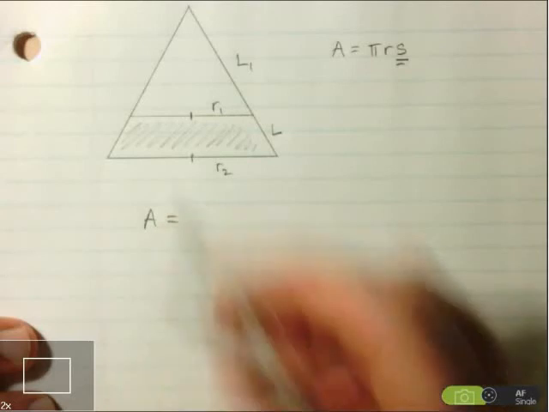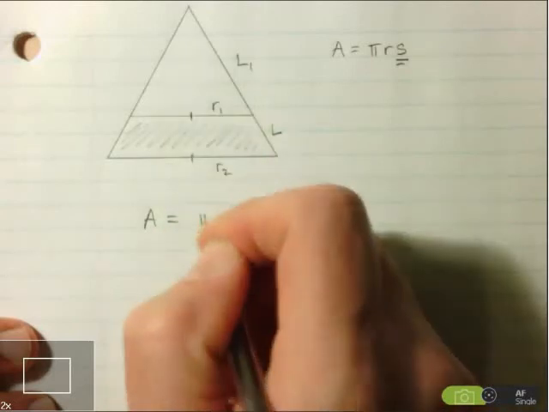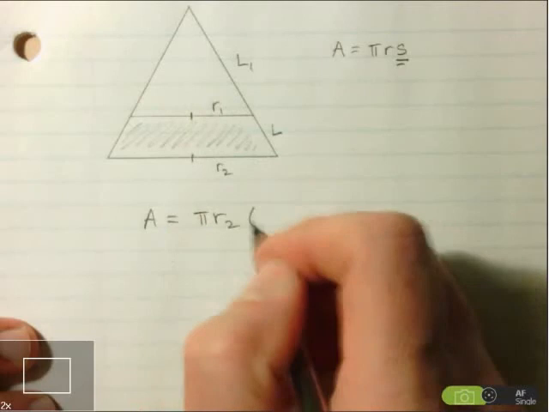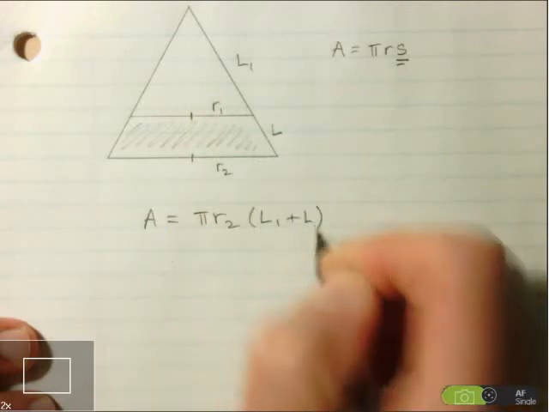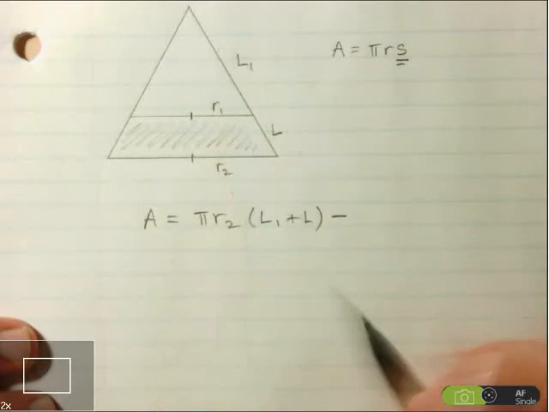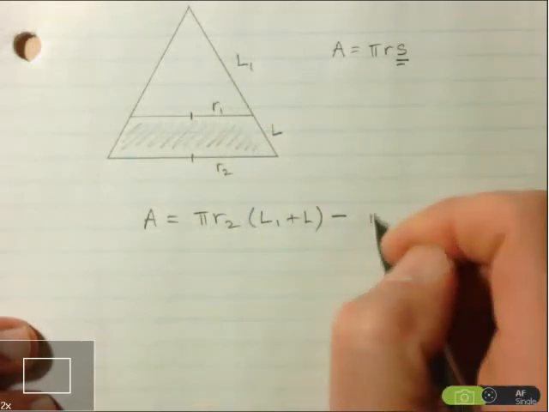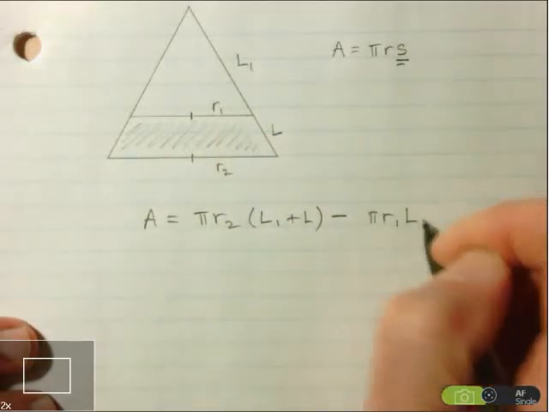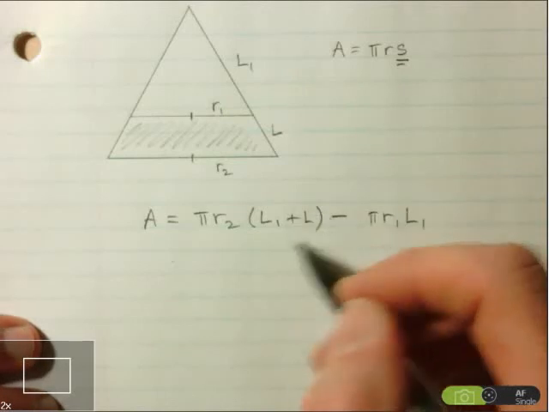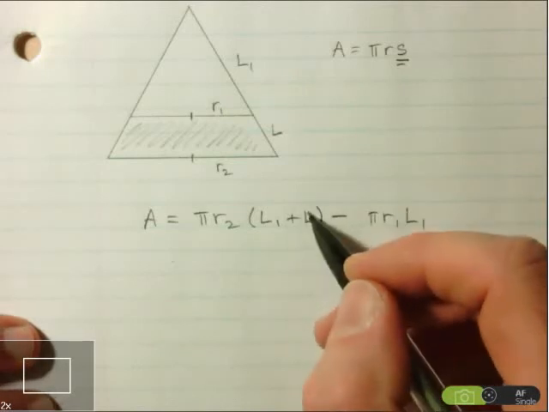We're going to take the area of the larger one, so that's pi times R2 times the slant height, which is L1 plus L. Then from there we're going to subtract the surface area of the smaller one, which is going to be pi times R1 times L1. Eventually what I'd like to do is only work with L and not have L1 at all.